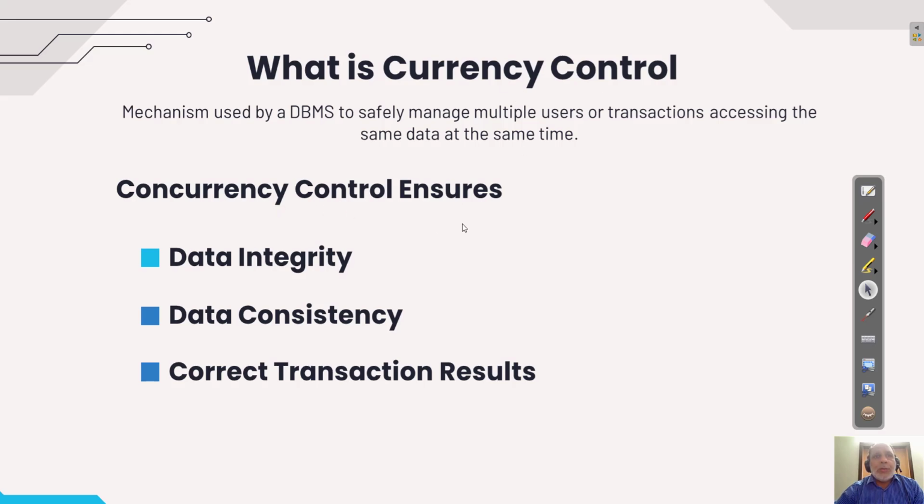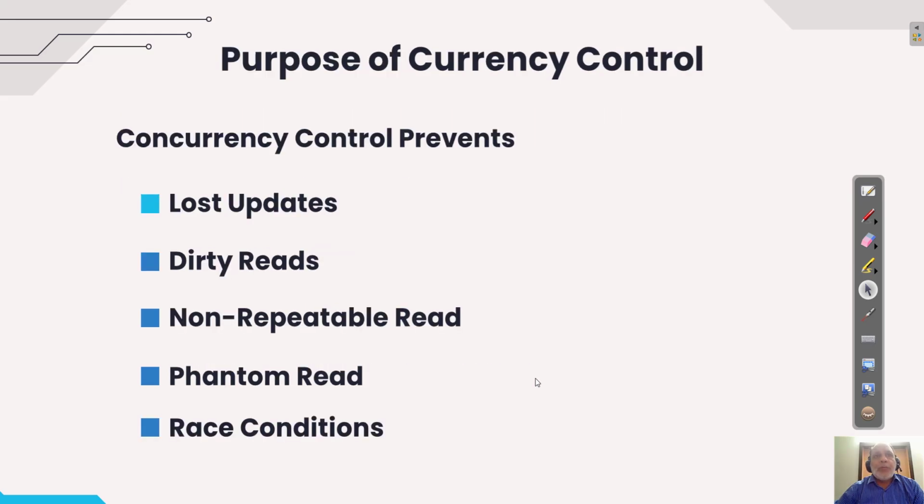Concurrency control ensures data integrity, data consistency and correct transaction results. We have discussed all these terms in the previous video, so we won't discuss them now and will move further.